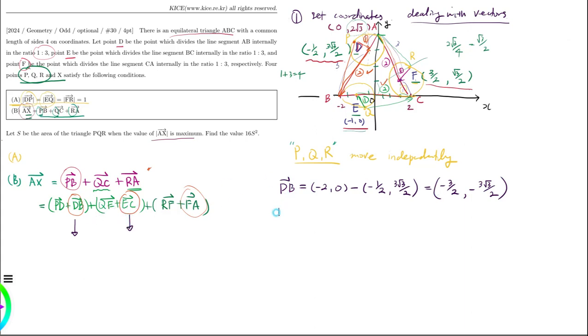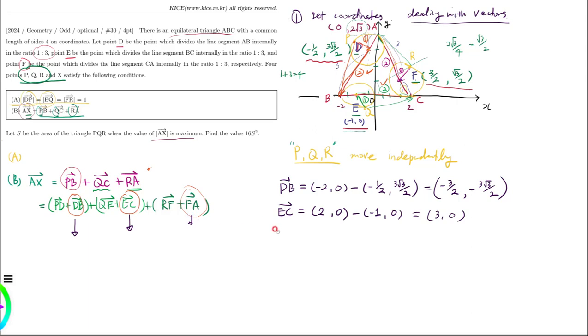In case of, likewise, you can do this. The vector EC is the coordinate of point C minus the coordinate of E, which is (3, 0).